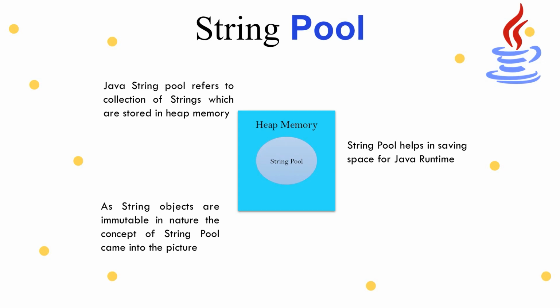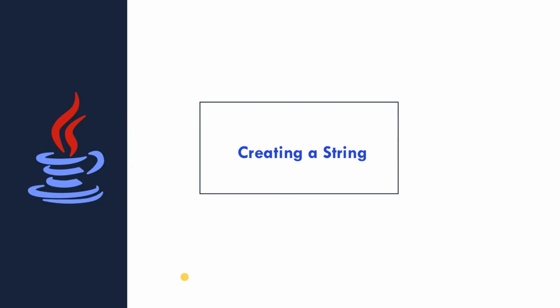The string pool helps in saving space for the Java runtime. Let us see how the string pool is going to work for us and how it saves memory. Now if you want to create a string, there are two ways. Either you can create it as a literal, which we call an interned string, or create it with the new keyword, which we call an object.